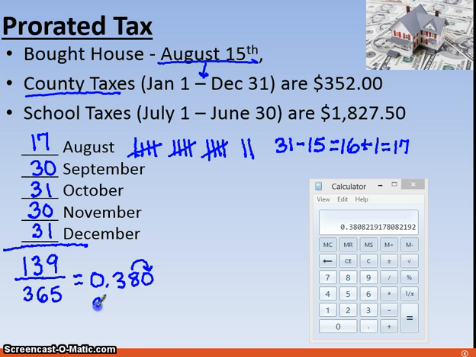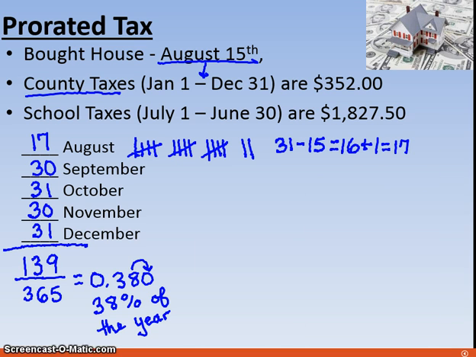So we could say we own the house 38% of the year. Now, if we own the house 38% of the year, it's only fair if we pay 38% of the taxes.